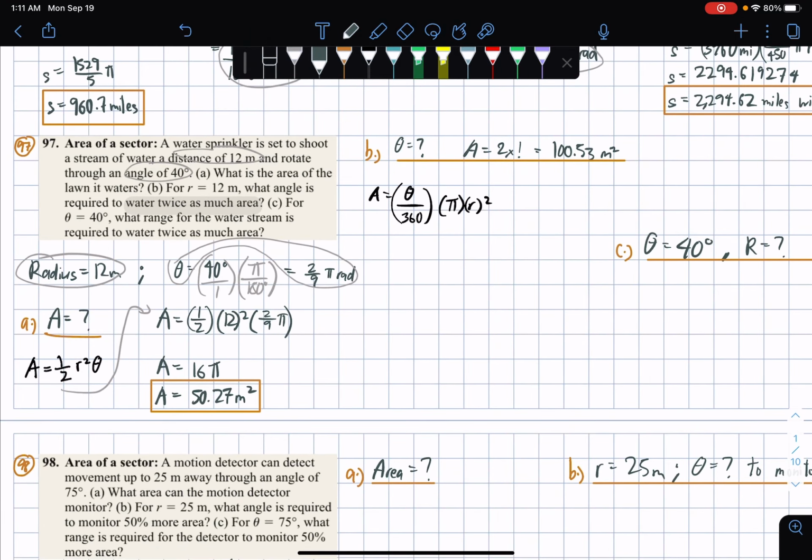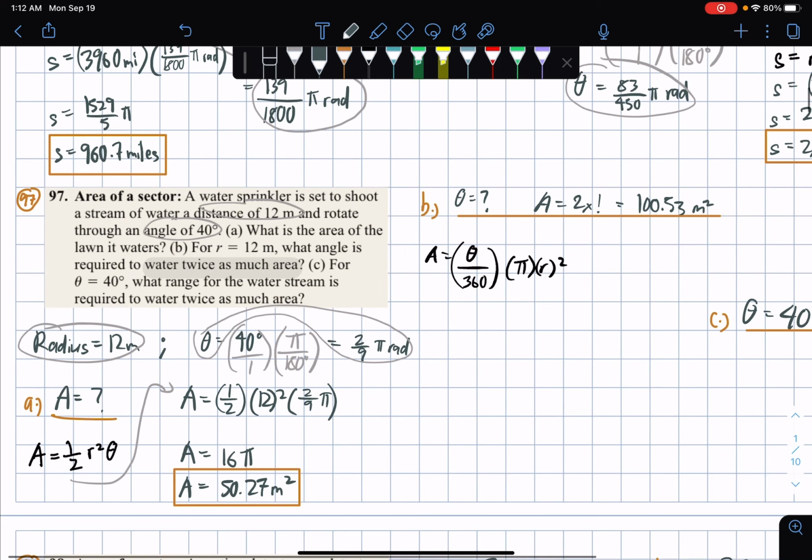Alright, let's move on to letter B. I think I'm supposed to remove this formula, but anyways, let me just give this as a bonus for you. For letter B, we're trying to find the theta value, or the angle value, such that the area is twice its current value, which is technically 100.53 meters squared.